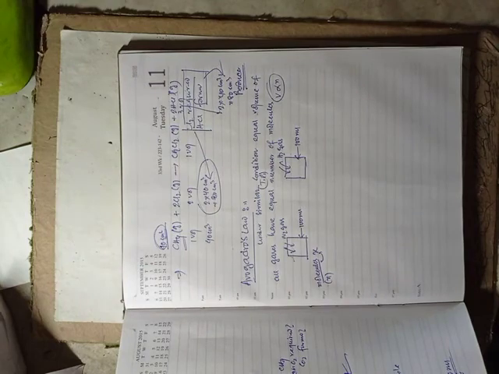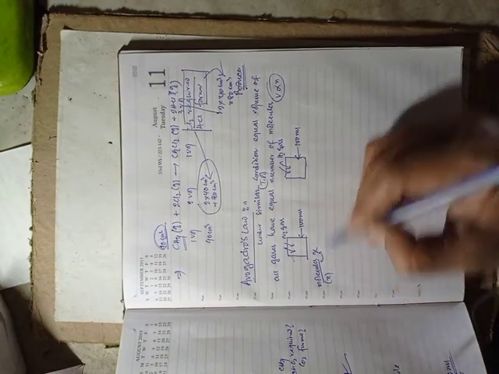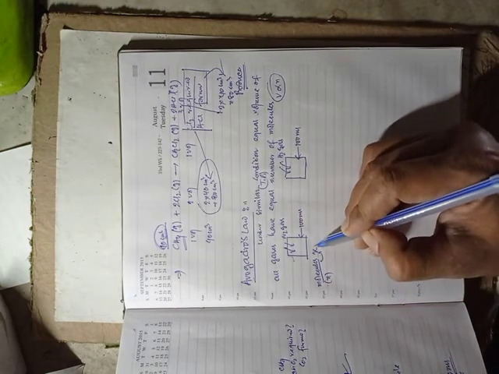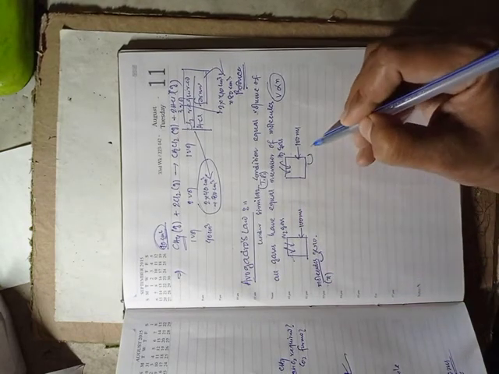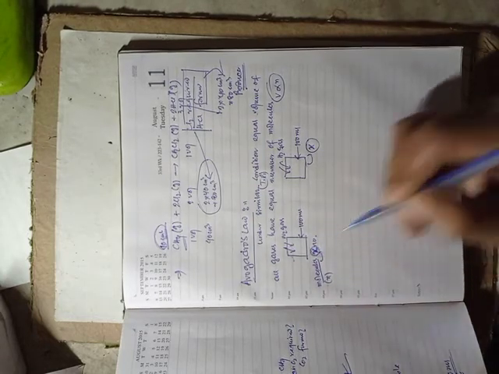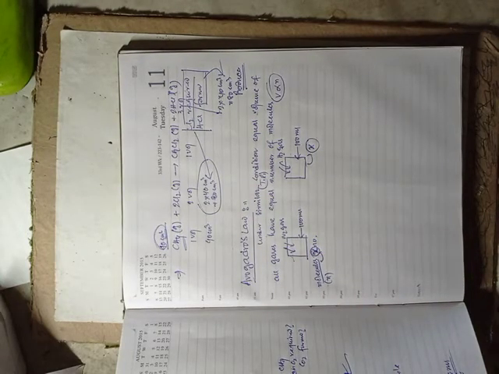Equal volume, 100 ml, contains x molecules, so here also the number of molecules will be x. Students, these two laws apply only to gases, and they are very easy. I hope you can understand.